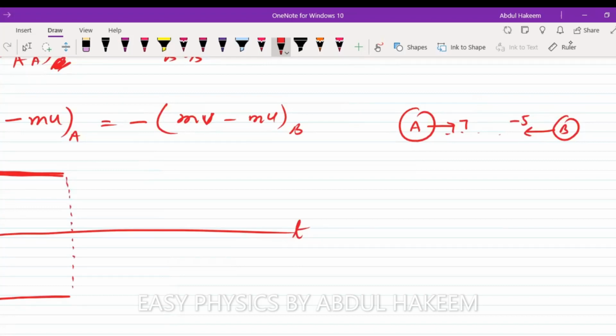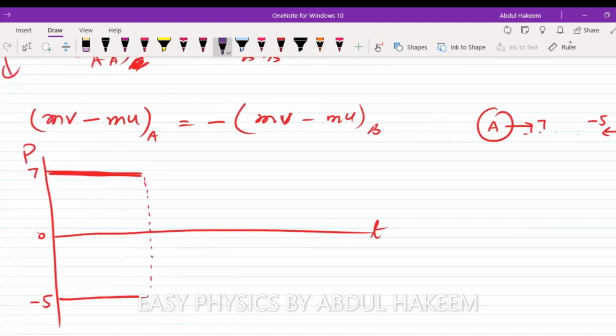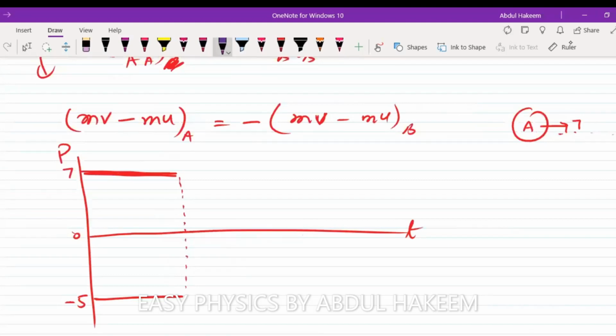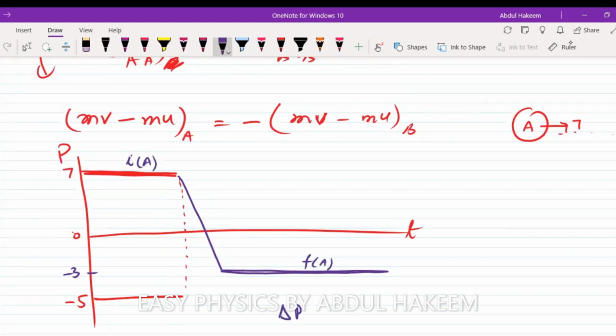And after collision, if the momentum of object A becomes -3, so this is -3. So this is the initial momentum of A, and this is the final momentum of A. So now what is the change of momentum of A?